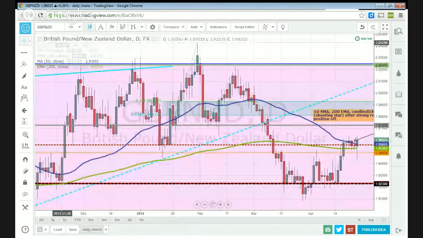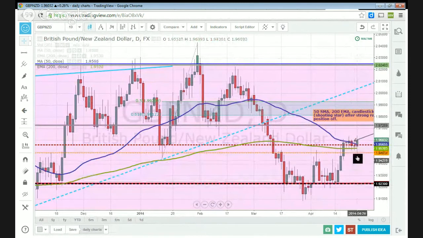Okay, pound kiwi, I did take half of this position off because we were stalling right around here, and we did have a big spike down. So after a rally, you see a big spike down, like another shooting star type pattern, hanging man. That's not the most encouraging sign. I don't want to see enough bearish evidence to even allow for price to spike all the way down here.